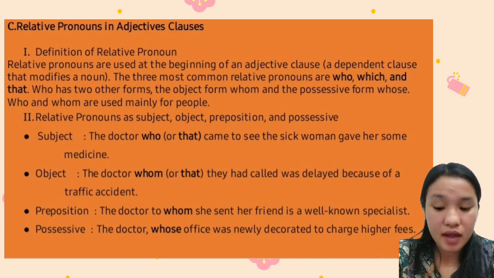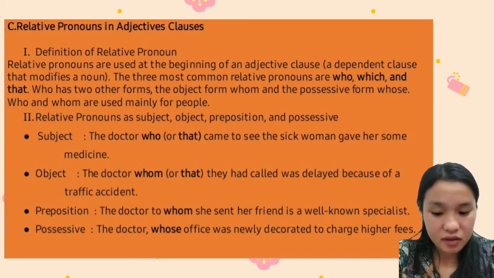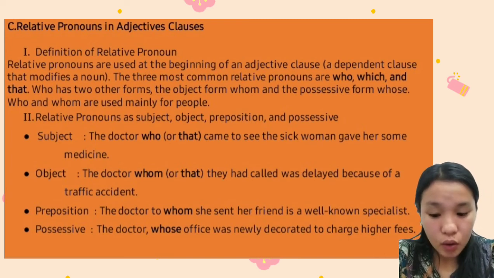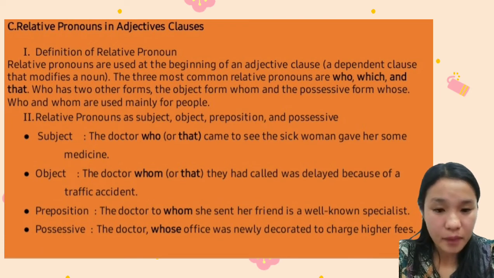Number 3. Relative pronouns as object of a preposition. The doctor to whom she sent her friend is a well-known specialist. The word whom in the sentence is the object of a preposition.